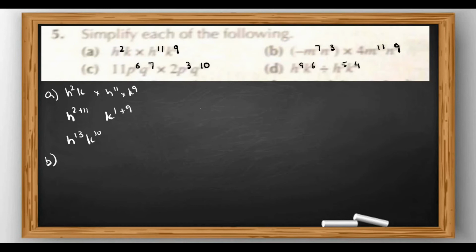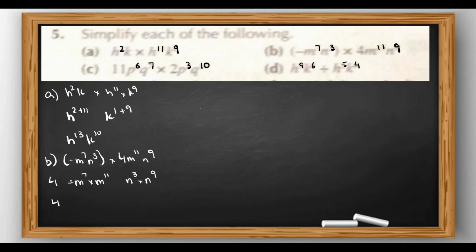Moving on to part B, the question is minus m raised to power 7 n raised to power 3 multiplied by 4 m raised to power 11 and n raised to power 9. Simply write 4 over here, minus m raised to power 7 multiplied by m raised to power 11 and n raised to power 3 multiplied by n raised to power 9.